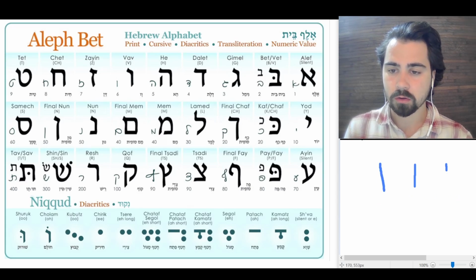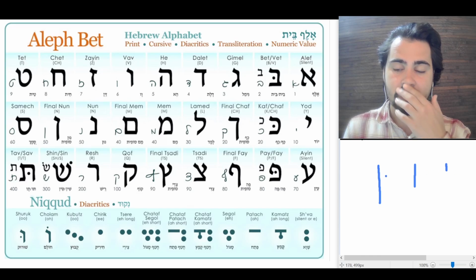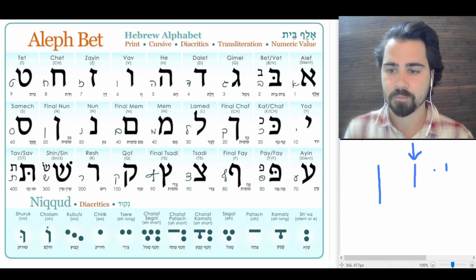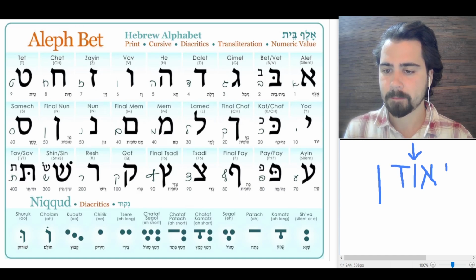All look just like a line, and the difference between the three is only the vav is the normal size of a letter, right? In the context of a word, it will look like this, right?